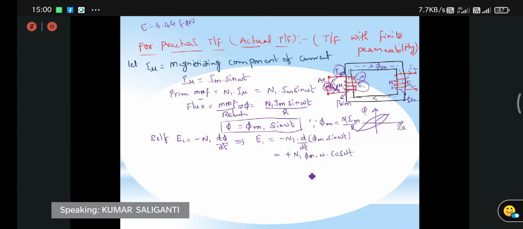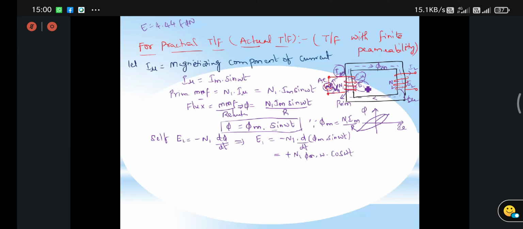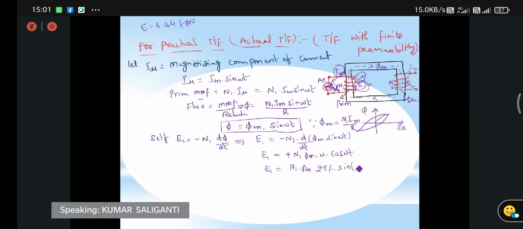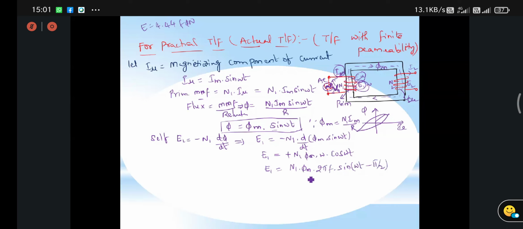Since we are discussing a sinusoidal function, we get a sinusoidal result for E1, equal to N1 phi m omega, where omega equals 2 pi f, times cos, which can be written as omega t minus pi by 2.